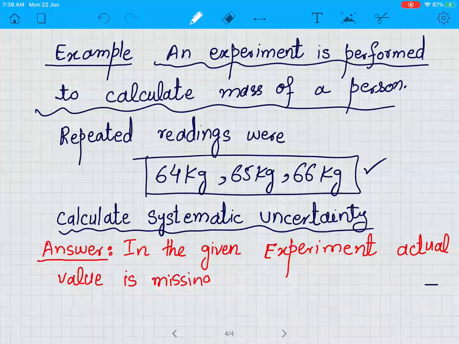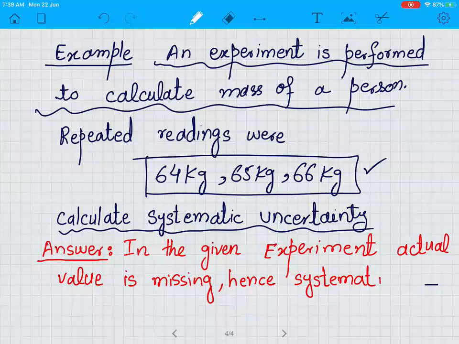So you have no idea what is the actual mass of the person. Hence, systematic uncertainty cannot be calculated.